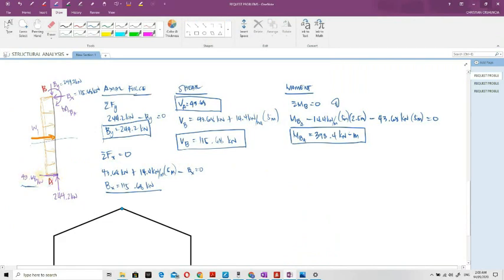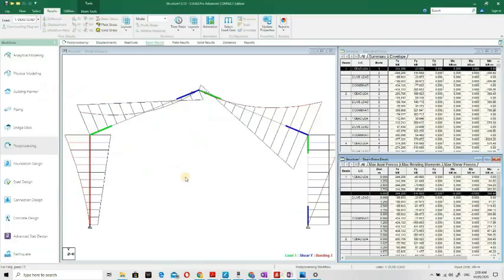So kung ito lang, 43.68 lang, yung moment natin is increasing as the distance increases from the first. So sabihin, triangular or linear yung magiging moment diagram natin. Pero kung meron tayong uniformly distributed load, then magiging parabolic na. So second degree na yung curve ng ating moment diagram. Okay? So makikita rin naman natin yun dito.